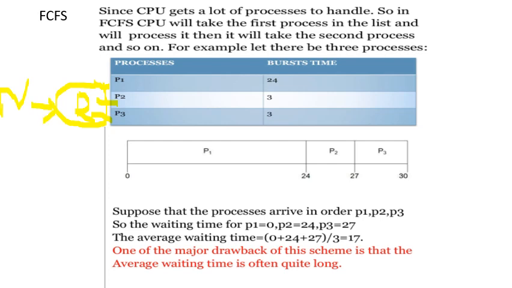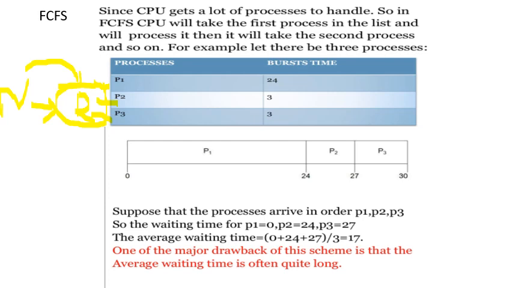The operating system has picked them up from the secondary memory and stored them in the new state, and from the new state they are all ready to run or execute. So there are three processes in the ready state.